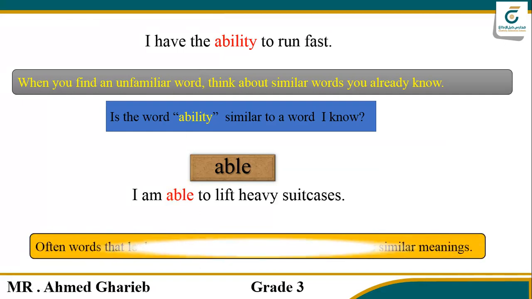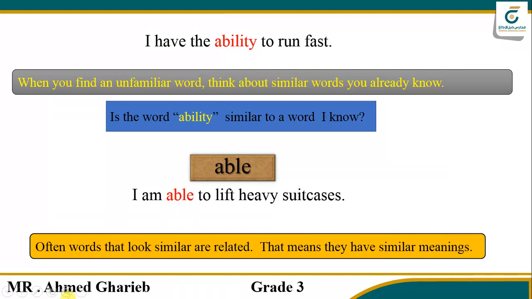So we can understand that often words that look similar, similar in form, in the letters, in the spelling, are related, and this means they have the same meaning. So I used a word I already know, able, to find out the meaning of ability, a word that I don't know.